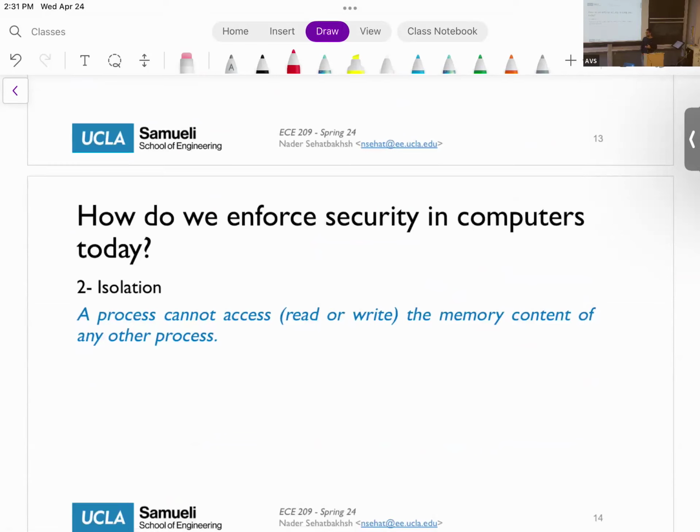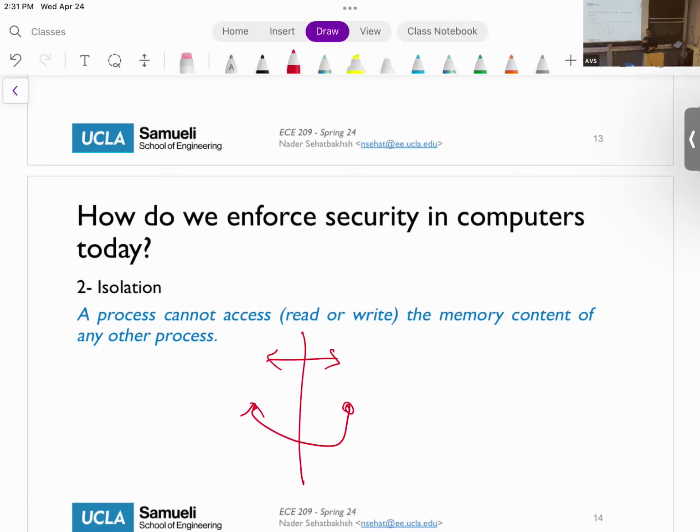In most of the systems, in almost all the systems, we have proper isolation between applications, okay? So even if there is a malicious application and there's a legitimate application, if the malicious application tries to access any data in the legitimate application, the operating system or the hardware will block this because there is essential isolation between these different applications.